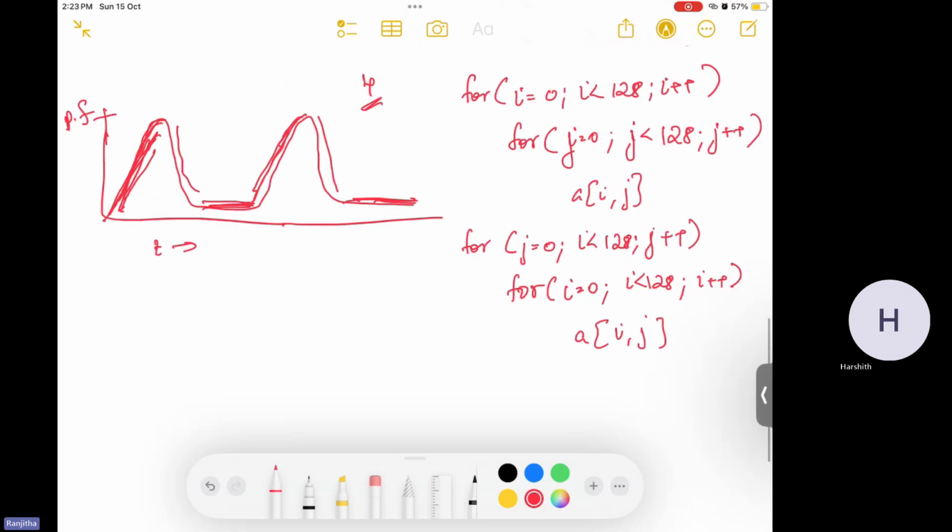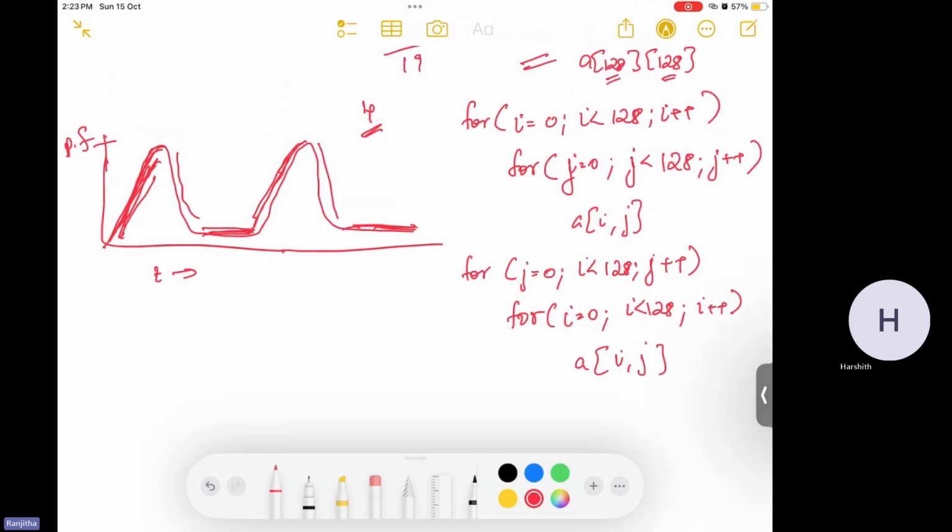For example, if this is a size of 128 into 128, and we assume that our page can hold one row, that is 128 elements.